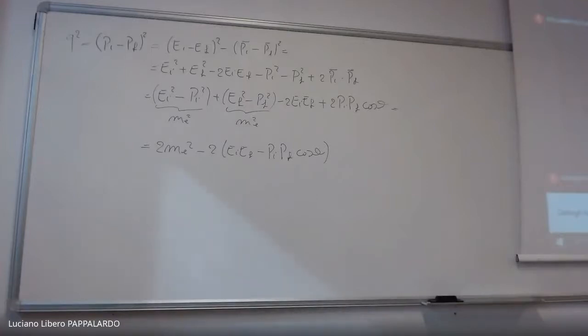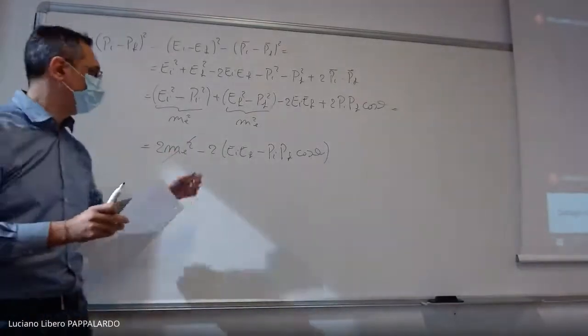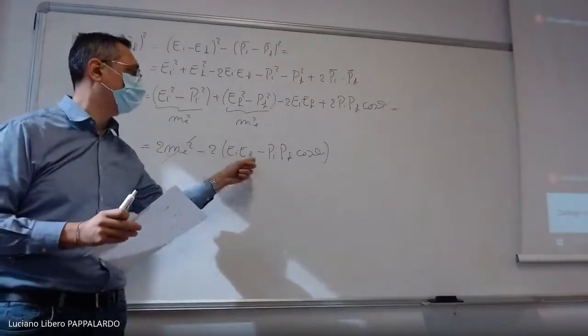But we are in a relativistic regime, so we can neglect the mass of the electron, and we can equate the energy with the momentum.